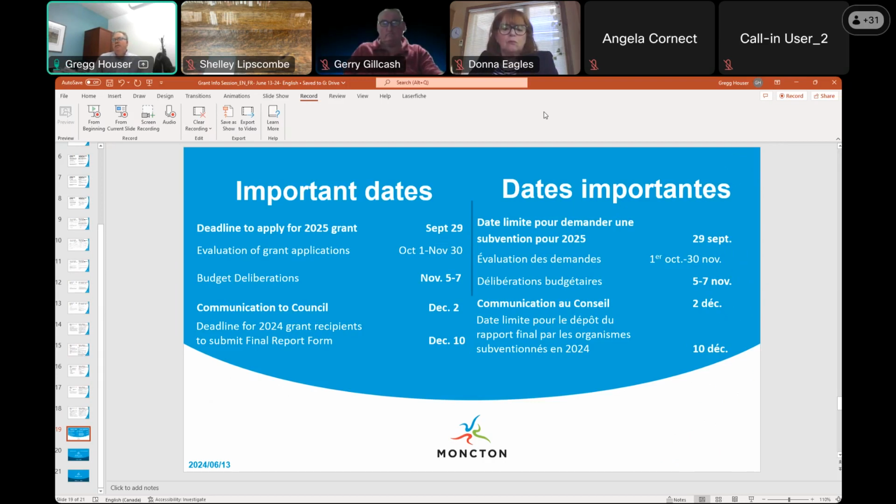For cultural, quality of life, and immigration, we're looking for minimum internal statements, but even better if we have external statements. And then looking for current financial information and any strategic plan information, things like that. That's an important facet to help us evaluate, from a financial sustainability and need point of view. Some important dates, on the slide I'm on now, is basically the deadline to apply.